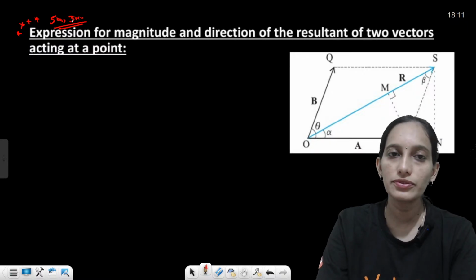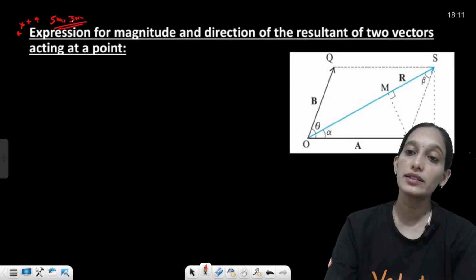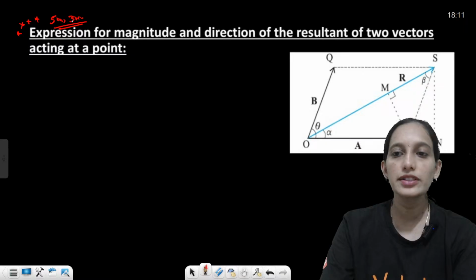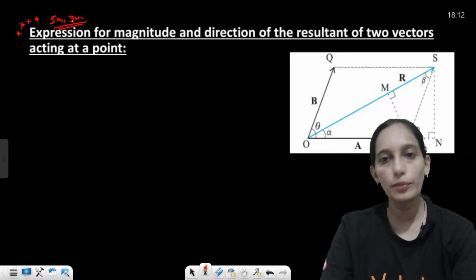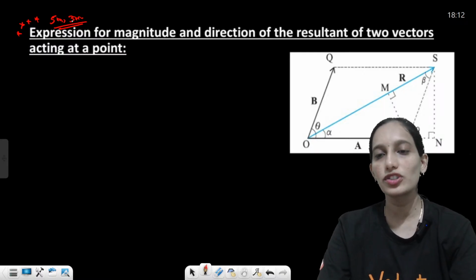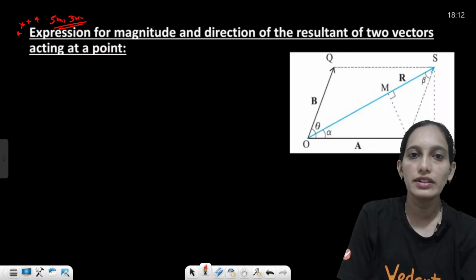So this is very, very important. For now, it can be a 5 mark or 3 mark derivation question, and along with that, in terms of the formula, it is very important in each and every chapter. You just check, in each and every chapter we'll be using this formula. So what are we doing?